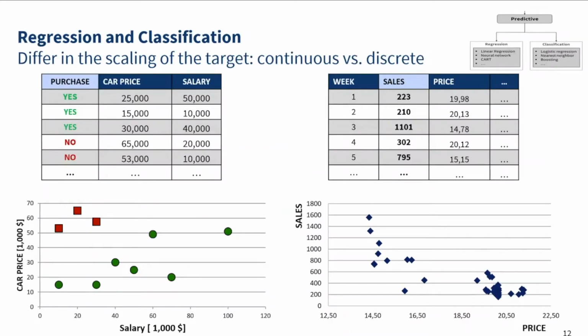To conclude the introduction, I said there are 2 flavors in predictive modeling, regression and classification. You see them depicted here. The only difference is that the target variable is of a different type. For classification, it is discrete. It's maybe a binary variable with states yes and no. Did the customer buy?